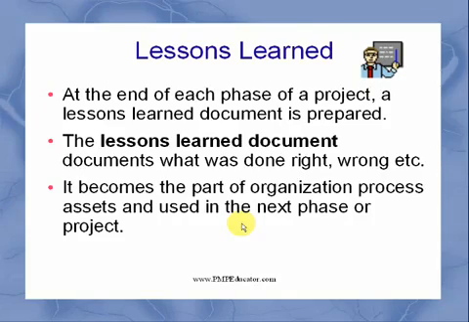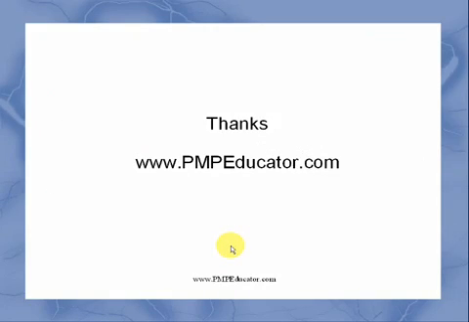The lessons learned document documents what was done right, wrong, etc., and it becomes part of organization process assets and is used in the next phase or project. And that's it. With this process, you eventually have the end of the project, and your customers have the deliverable or the result or the service, and you finally close your project.